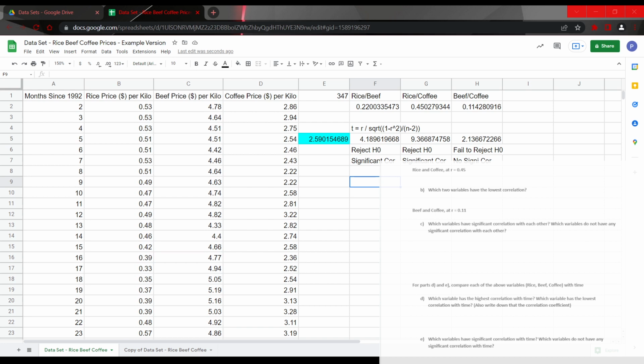So here we can say that rice and beef, rice and coffee have significant correlations. And then beef and coffee do not have significant correlation.